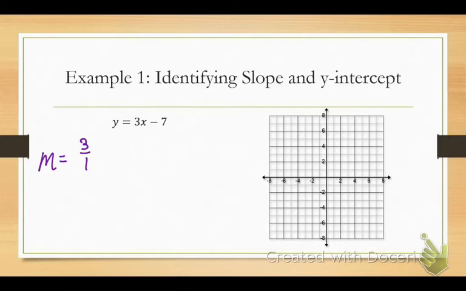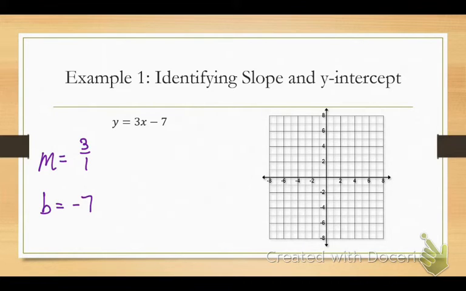Now, which number is in the spot for b in the equation? -7. Very good. So remember what we said. What does b stand for? The y-intercept, where the line for sure is going to cross the y-axis.